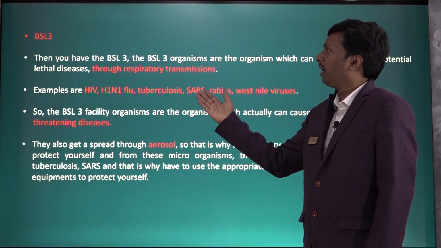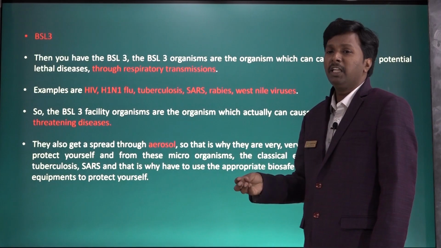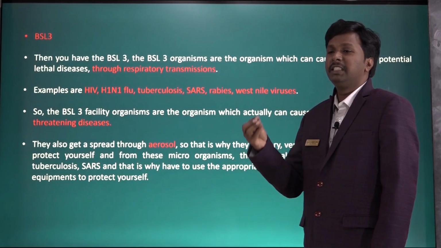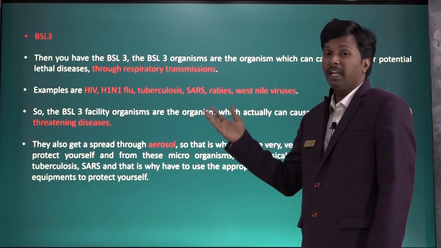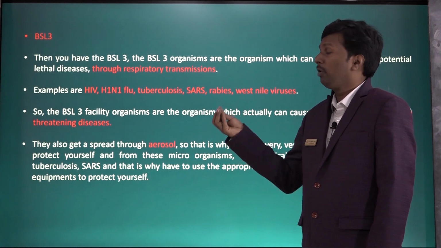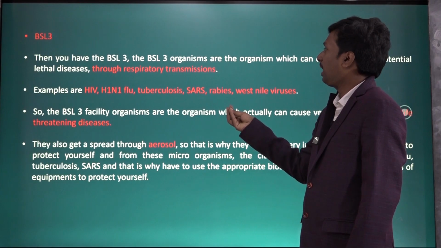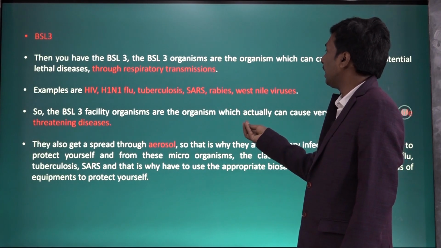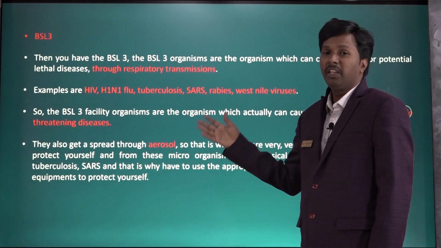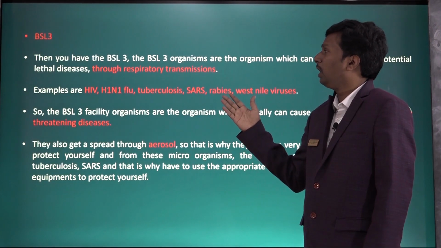And now we are discussing biosafety level 3. Here the organisms can cause serious diseases like HIV, H1N1 flu, tuberculosis, SARS, rabies and West Nile virus. These are the examples for BSL 3.